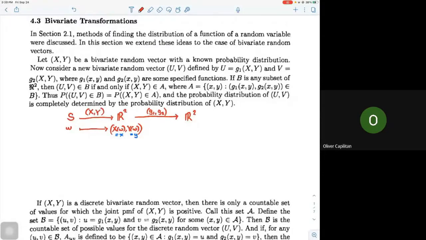So the random vector now, which is with random variables U and V, is a function from the sample space to R square. This is now our random vector UV.